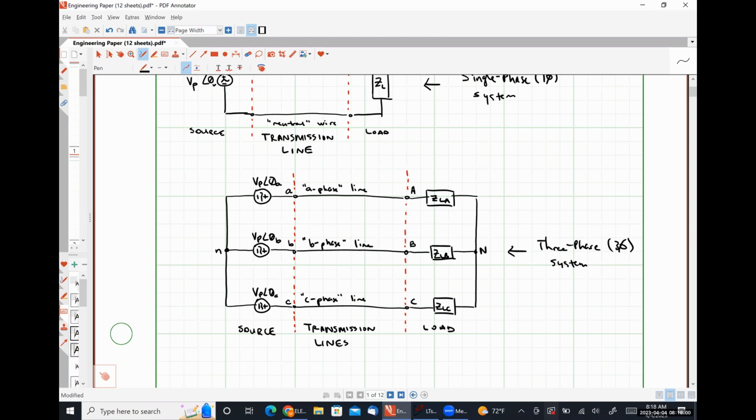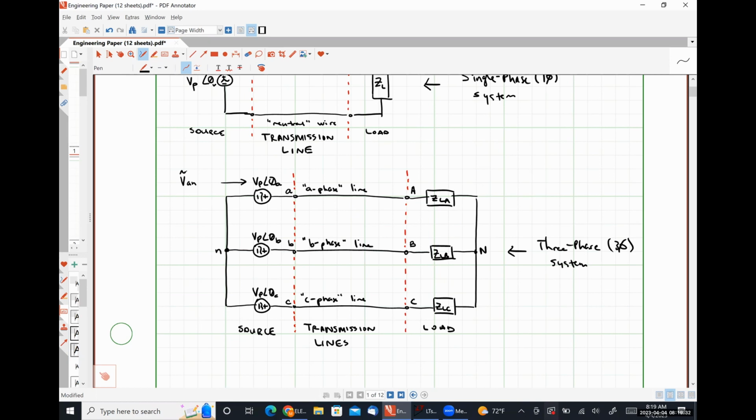What I mean by that is, I could call this voltage V lowercase a lowercase n, where the first subscript denotes the positive polarity terminal of the voltage, and the second subscript denotes the negative polarity terminal of the voltage, right?